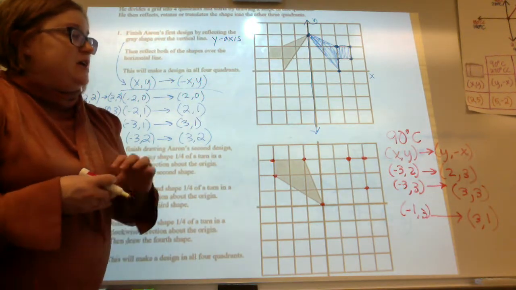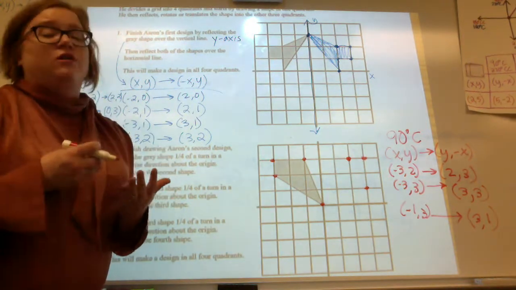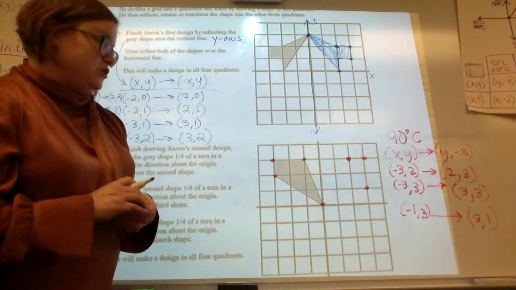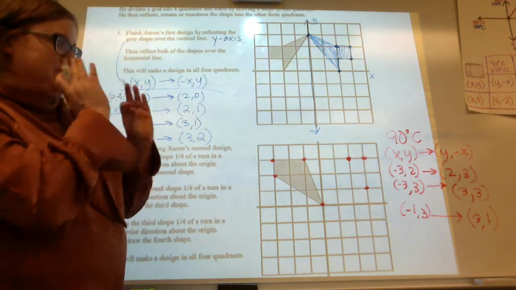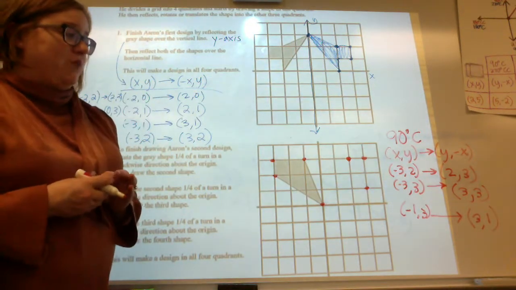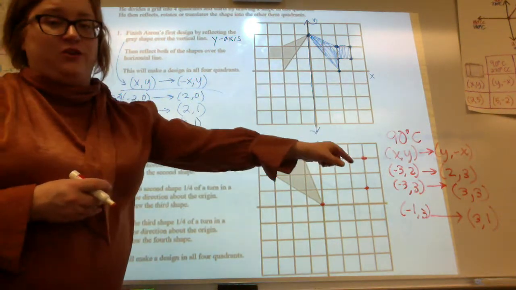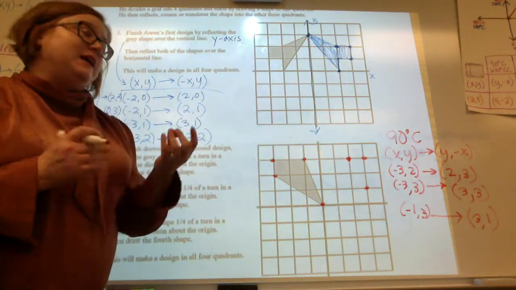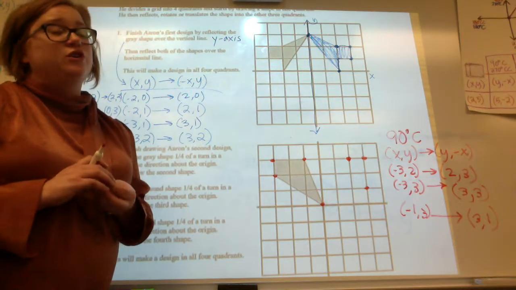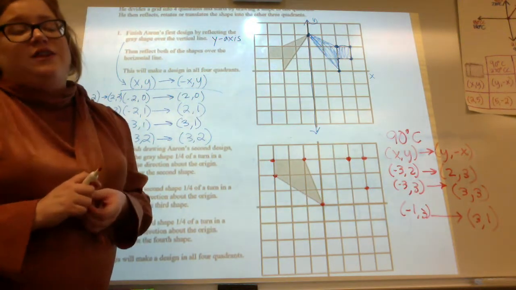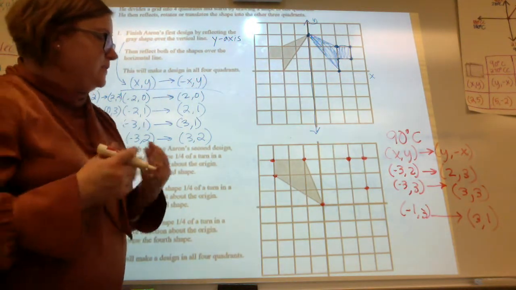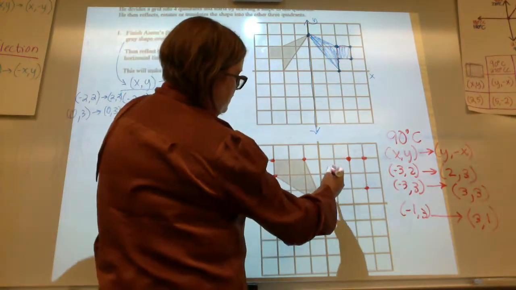Now, unless you feel overly confident with doing a rotation just by spotting it on the graph, I would recommend writing out all your ordered pairs. I will also show you how you could do it with a protractor, although I think that takes a little bit longer.